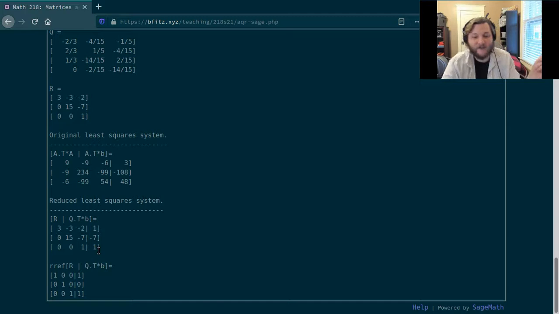In class, we went through the back substitution to solve for x hat. Here, I just give the reduced row echelon form, and you can see that x hat is 1, 0, 1, which is exactly what we got when we did the back substitution in class. So hopefully you find this code helpful. And also, I hope that it reinforces the reasons that I'm arguing that QR factorizations are so useful.